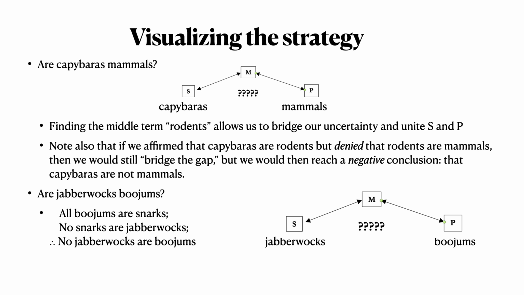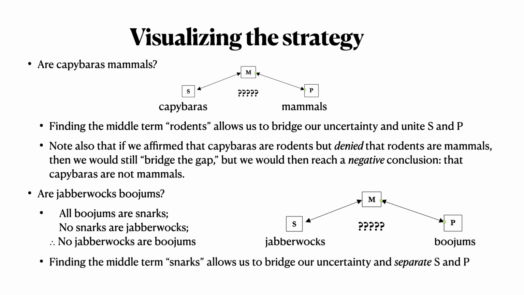That is a valid inference to make for reasons that will become clear to you in 7.3. So that's an example where we have made the connection through snarks. It's just that one of the connections is negative. And the negative conclusion, just like the affirmative conclusion, allows us to bridge our uncertainty. What we end up doing there is separating S and P rather than affirming S and P.